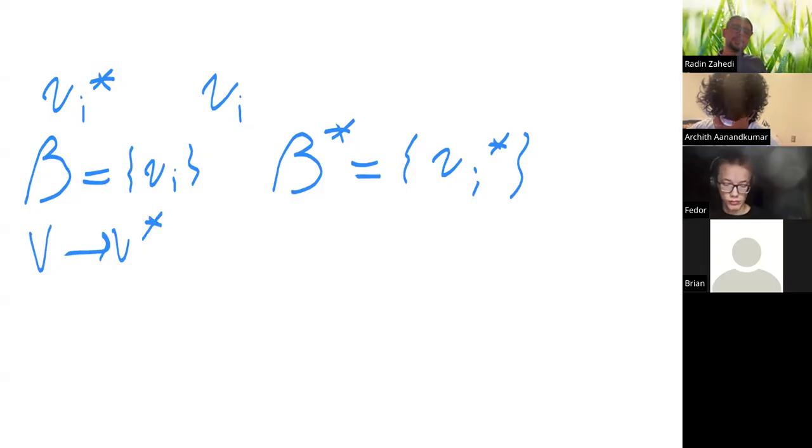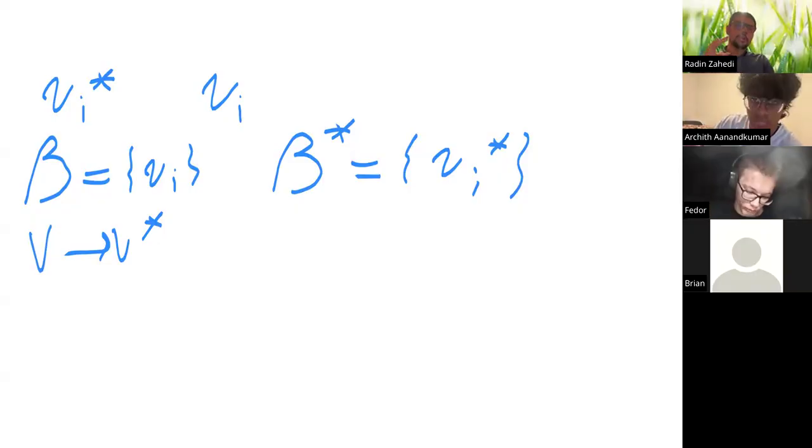The only thing is, this isomorphism is heavily based on the basis we choose. If we choose a different basis, we get a different isomorphism. So that's not really what we're looking for. We're looking for some natural, logical isomorphism, which is independent of the basis we choose for our computations.